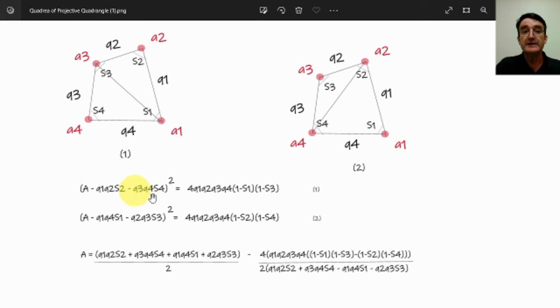So it's been worked out in a separate video that these 2 quadratic equations are compatible, meaning they have a common solution A, and when you work out the formula for that common solution, it works out to this quantity.